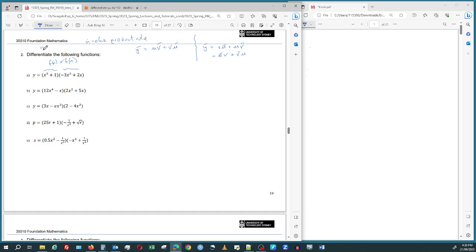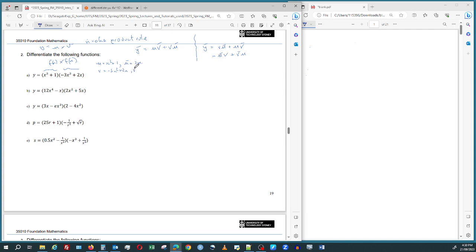So y is equal to u v. Alright, so u is equal to x squared plus 1, u dash is equal to 2x. V is equal to minus 3x squared plus 2x.